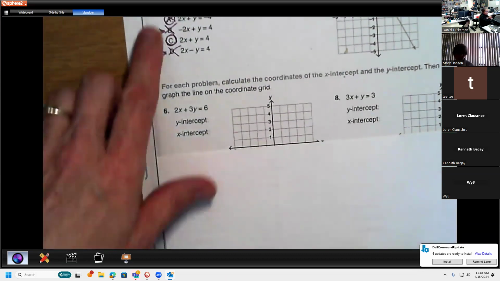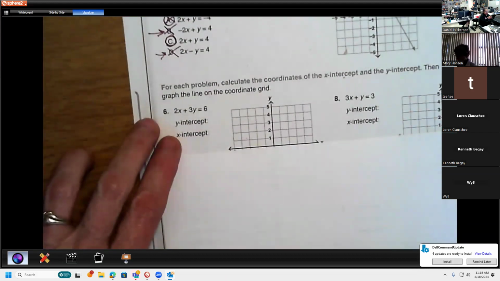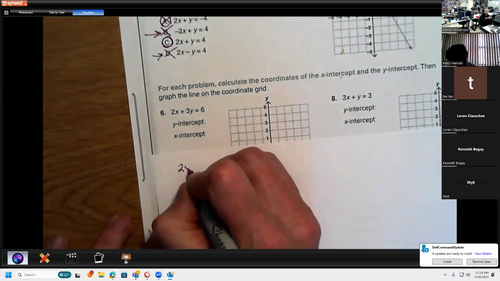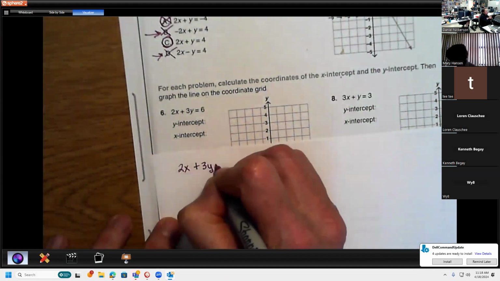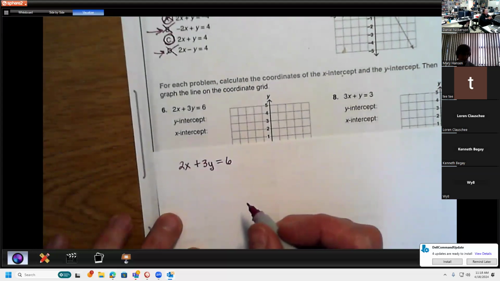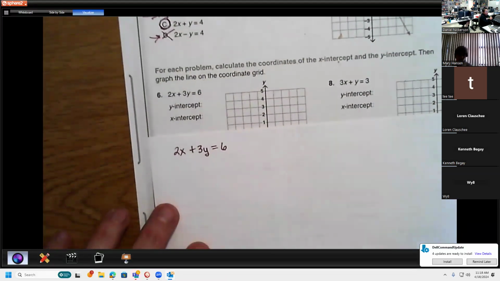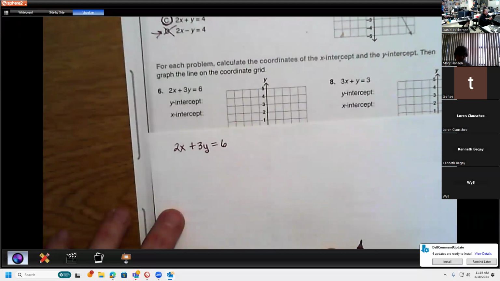now we're going to basically put the skills together from the top of the page where we find the intercepts, and now we're going to just graph them. So if we have 2x plus 3y equals 6, and I want to know the intercepts, that means I need to substitute in 0 for the x and find the y. And then I need to substitute 0 in for y, and find the x.